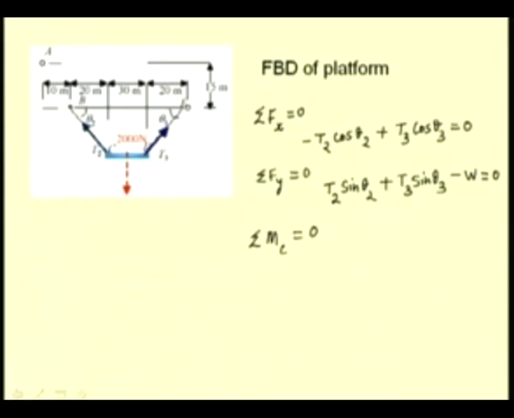So, the moment of this force is clockwise, and so it is negative. So, minus 2000, the moment arm is 15 meters.